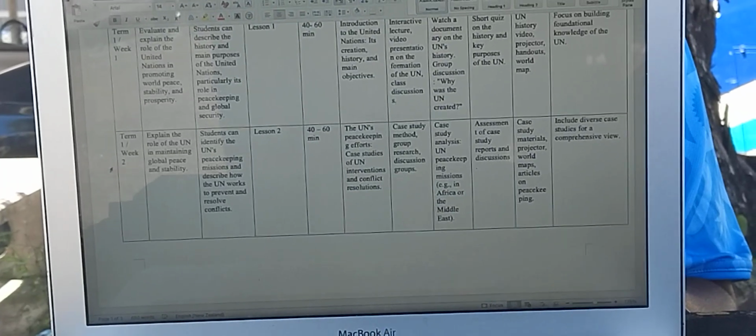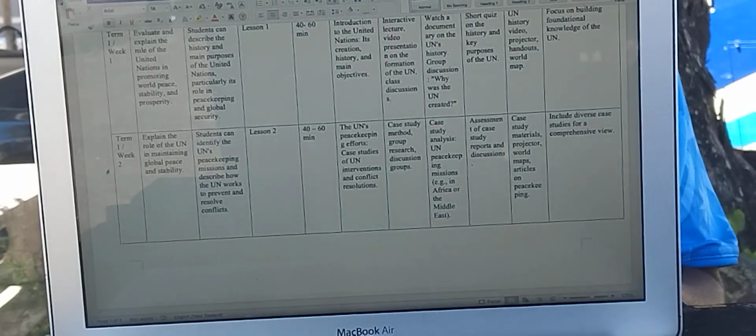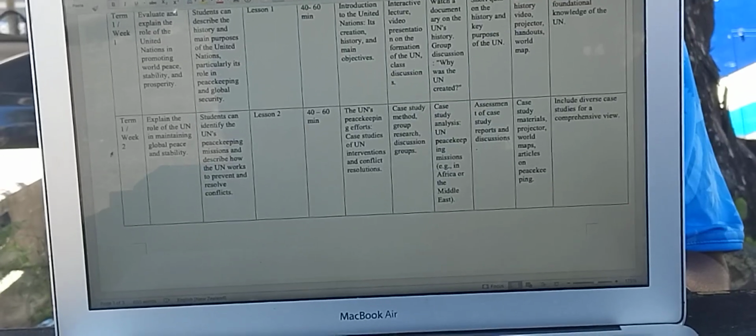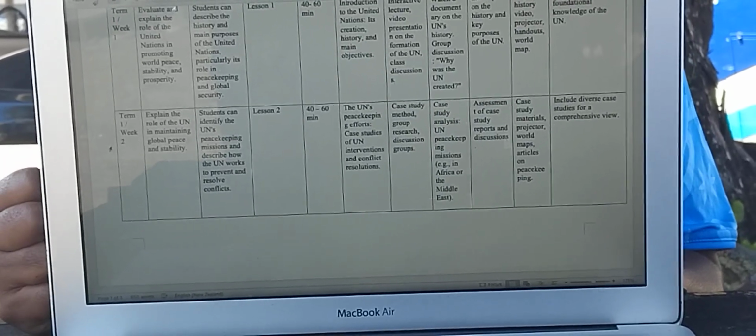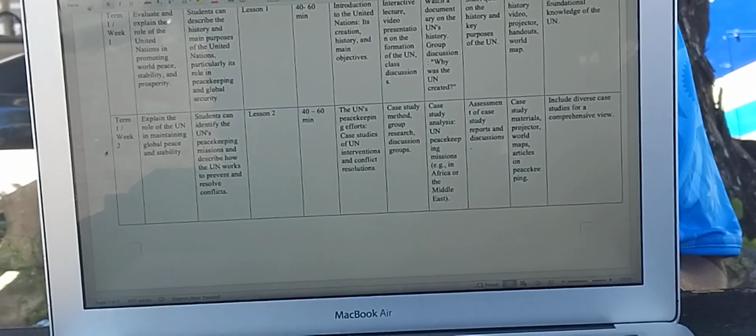The time allocated will be the same as lesson 1, which is 40 to 60 minutes, and the learning and teaching focus will be the UN peacekeeping efforts and case studies of where the UN has taken place.